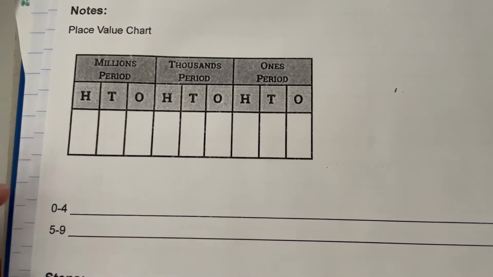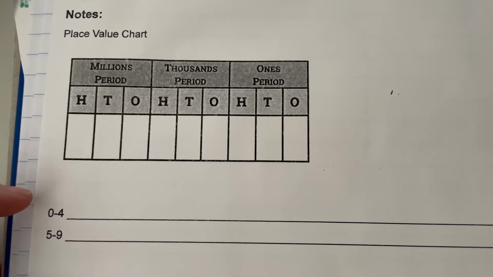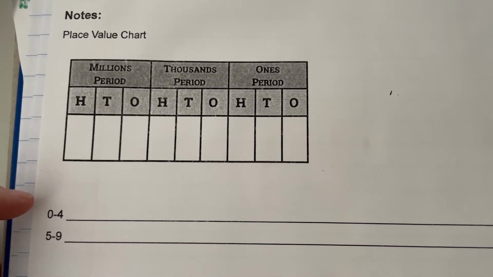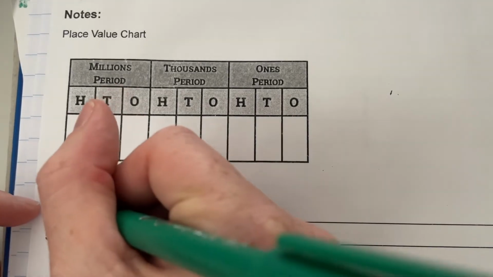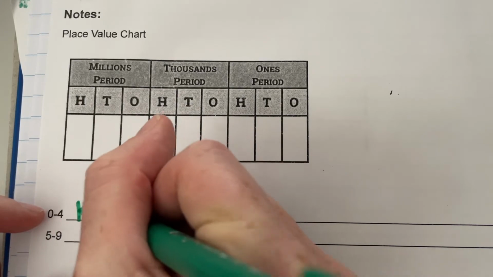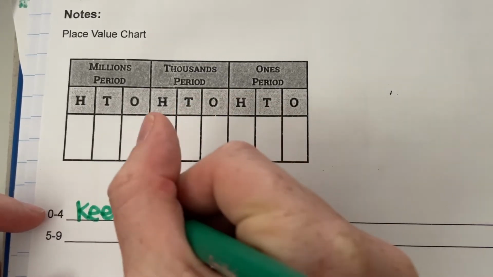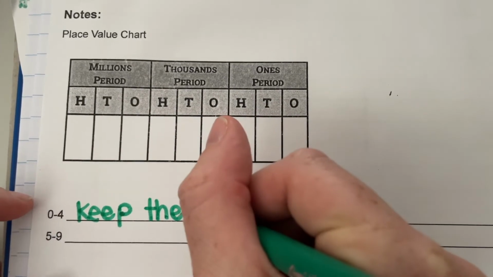Okay, so we have the new notes. This is 0 to 4. This is referring to when we have a number, any one of 0, 1, 2, 3, 4. If we have those numbers, we are going to keep the underlined value the same.